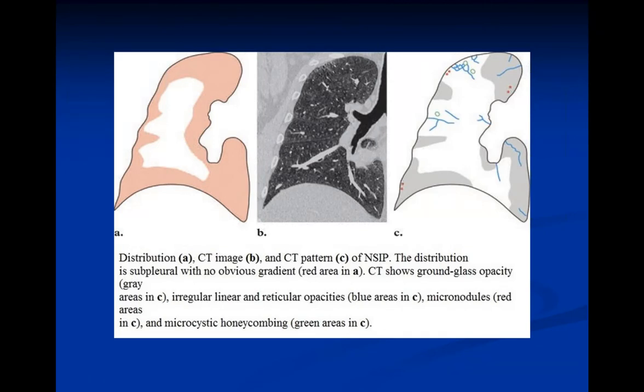This is the non-specific interstitial pneumonia pattern, the NSIP pattern. It can occur in many diseases, maybe connective tissue disorders, hypersensitivity pneumonitis, occupational lung diseases, or drug-related causes. Of course, connective tissue disorders and hypersensitivity pneumonitis can also cause a usual interstitial pneumonia pattern.